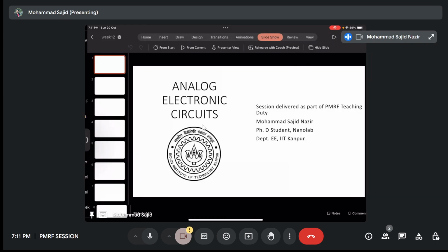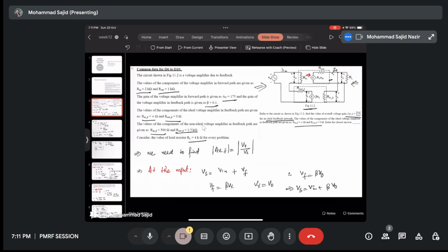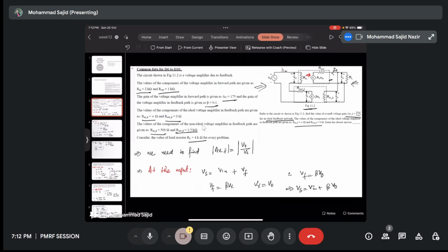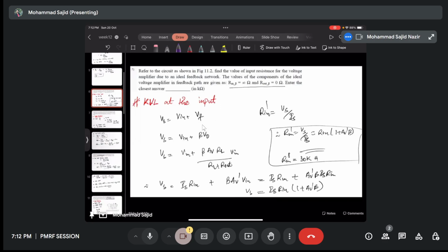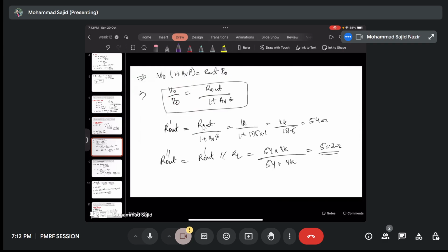So in the last week as well, we continued this using the feedback networks. For example, here we have to find the VS. We'll just use the similar voltage laws, KVL and KCL, to get the answers. Pretty simple. Output resistance, now including the feedback as well.